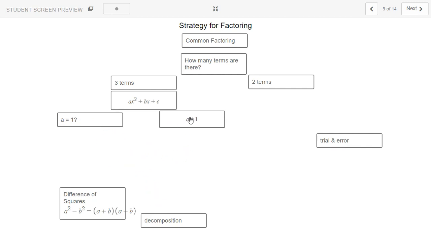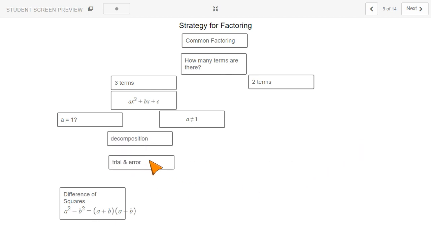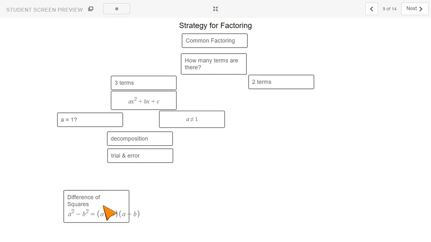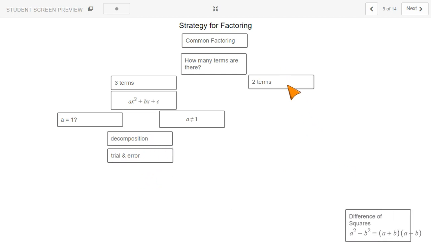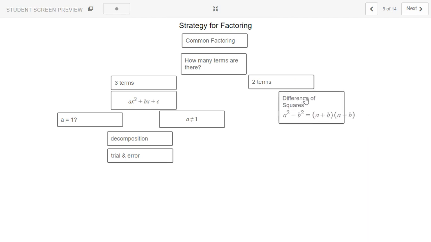So simple trinomial, complex trinomial. The 2 methods that we learned is we could do decomposition or we could do trial and error. Choice is yours. Now, if it's 2 terms, we need to check if it's a difference of squares. If it is a difference of squares, then we simplify it like that. If it's not, you might have just done the common factoring and that's it.